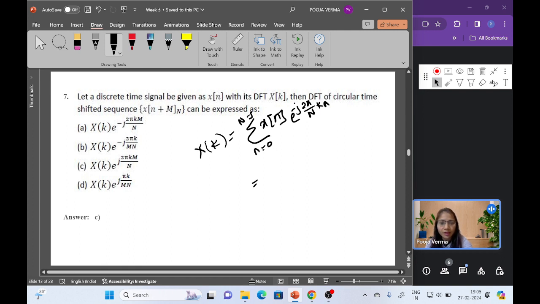So the DFT will be the summation n is equal to 0 to N minus 1 of x of n plus m e to the power minus j 2 pi by N k (n plus m).